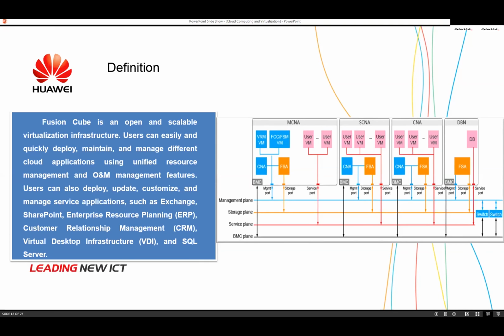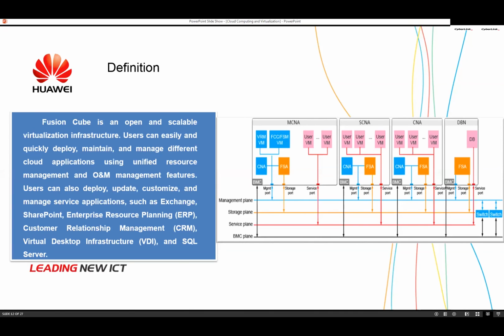SNA, what does that stand for? An SNA does not support deployment of virtualization platform software. It is a node that adopts the physical deployment mode and has storage function. So it's actually a storage node. We can have 3 or more SNAs that can be deployed based on service requirement. We have CNAs, a node that provides computing function.